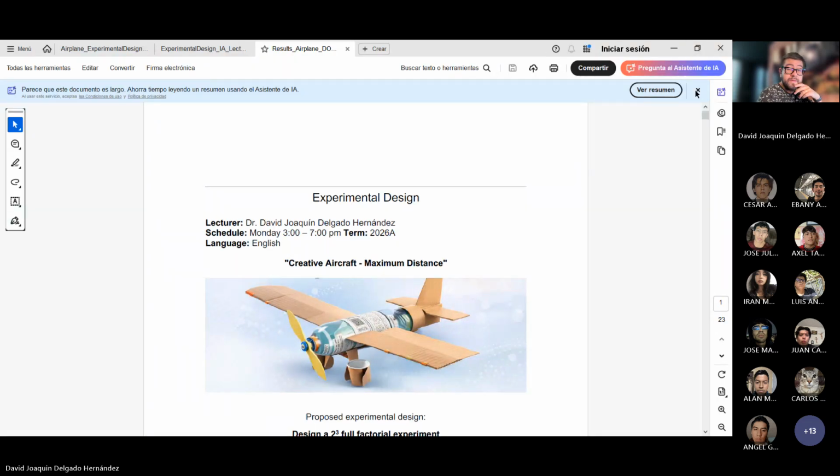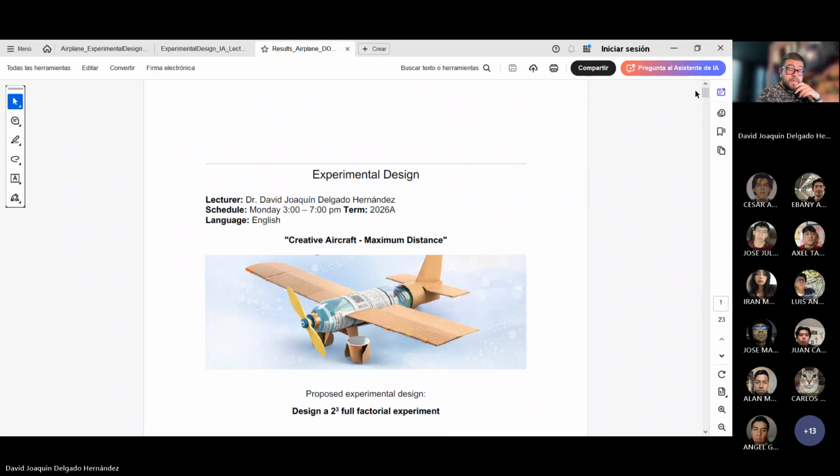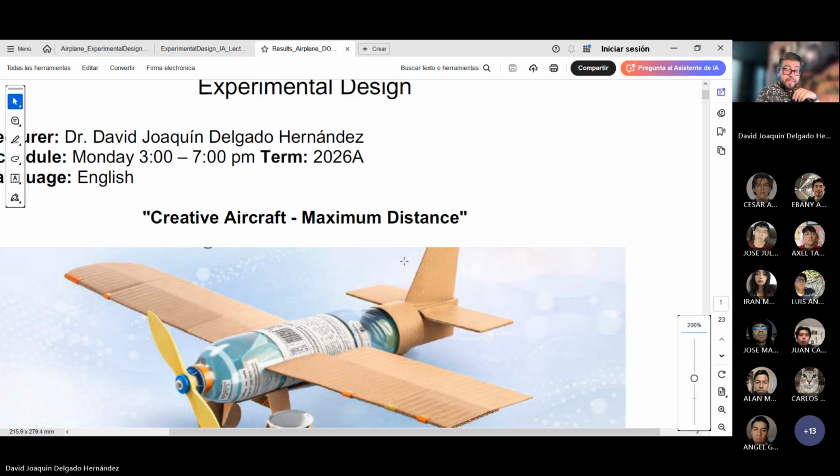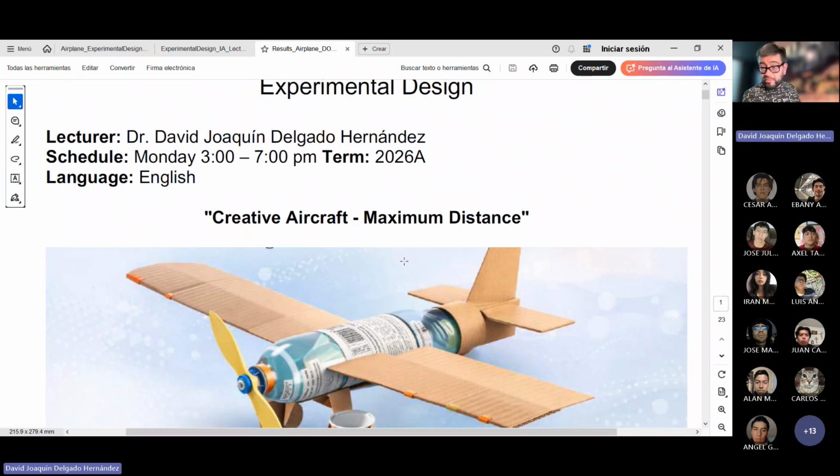This will be the proper design of the experiment. Okay. So, create aircraft maximum distance, perfect.